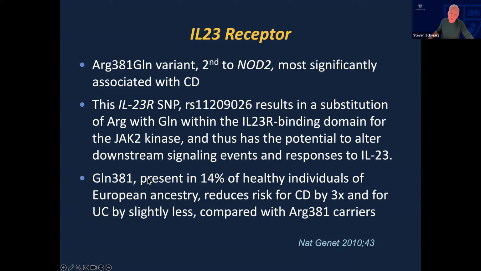So you have a substitution of glycine for arginine, and this results in a reduced risk. So here's one gene where a mutation actually can reduce your risk of developing inflammatory bowel disease. I find this extraordinarily fascinating considering all of the pro-inflammatory genetic substitutions we've discussed already.